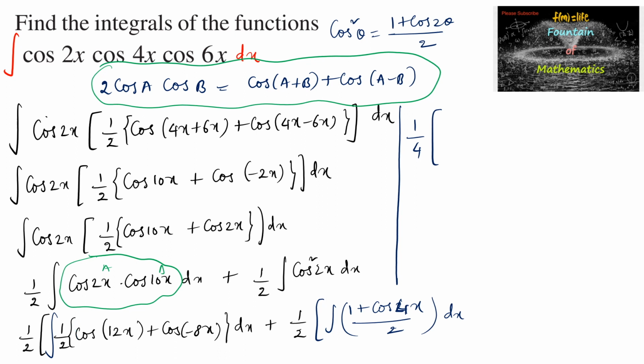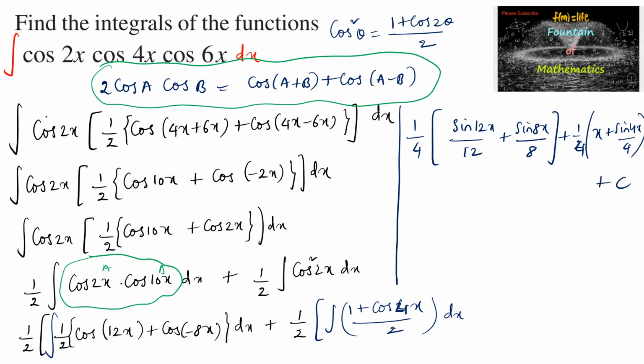So the integral of cos 12x we can write as sine 12x upon 12, and cos of negative 8x is cos 8x, so the integration of cos 8x is sine 8x upon 8, and again plus 1 by 2 into 1 by 2, 1 by 4 times the integral of, so the integration of 1 dx is x, the integration of cos 4x is sine 4x upon 4, plus integral constant c.